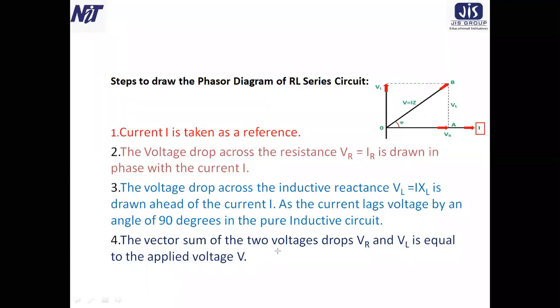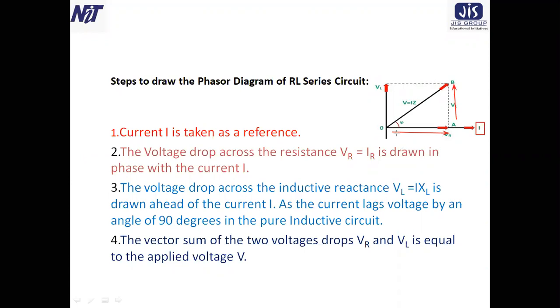the vector sum of two voltage drops VR and VL is equal to the applied voltage V. So this is one voltage drop VR across the resistance. This is another voltage drop.